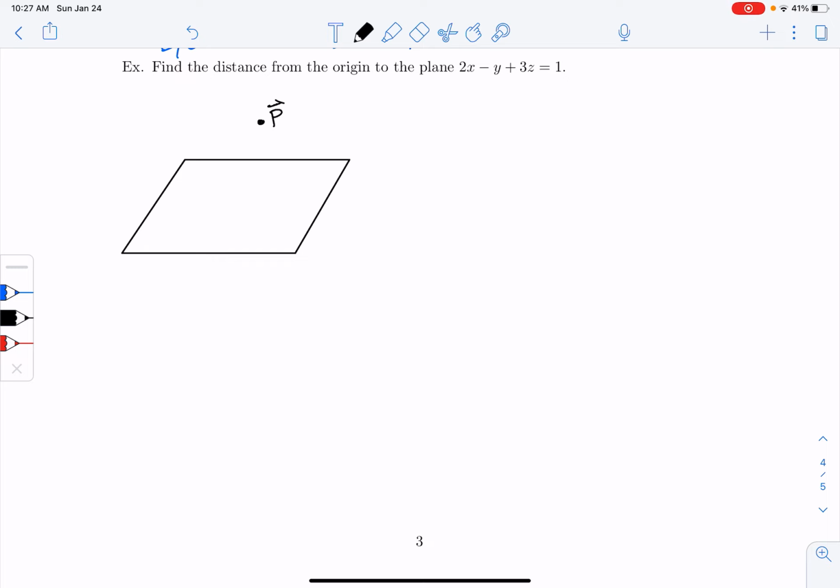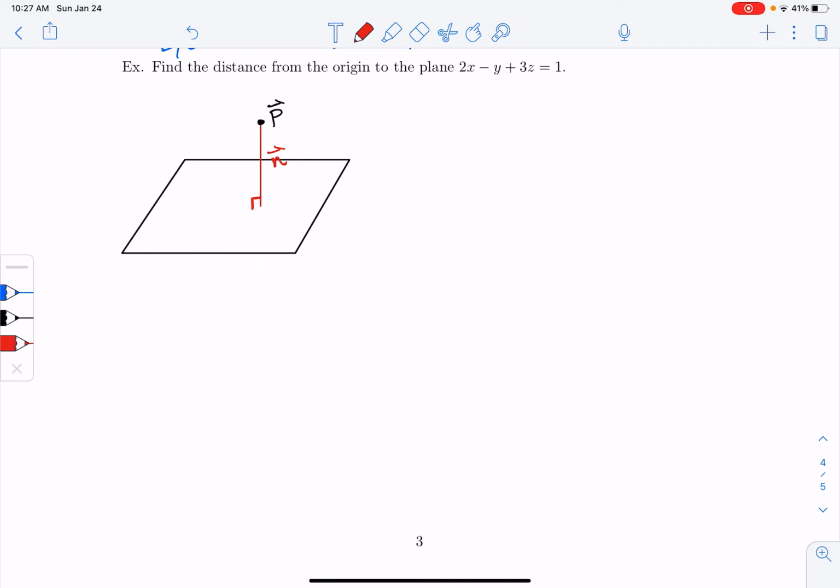Well, when I'm talking about the distance of a point to the plane, I'm talking about the perpendicular distance. So I'm thinking about there being a line down here that is perpendicular to the plane. Well, that means that that line has to fall along the normal vector. And that perpendicular distance is going to be the shortest distance from the plane to that point.